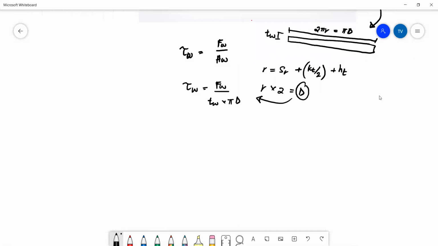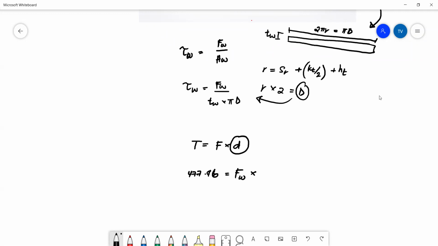Like how we've been doing all along, we do torque equals force multiplied by distance. Distance in this case is what? Torque, we know it's 47.46. We need to find our force. And what's our distance in this case?